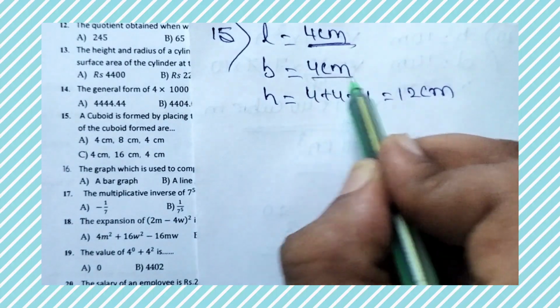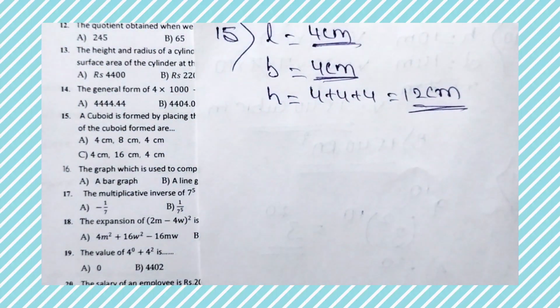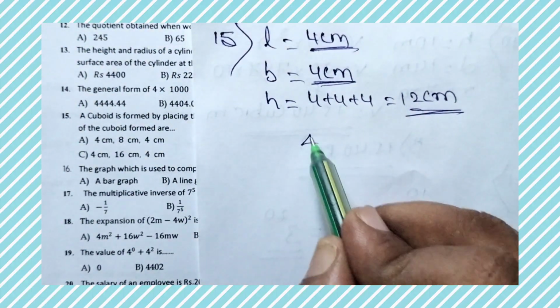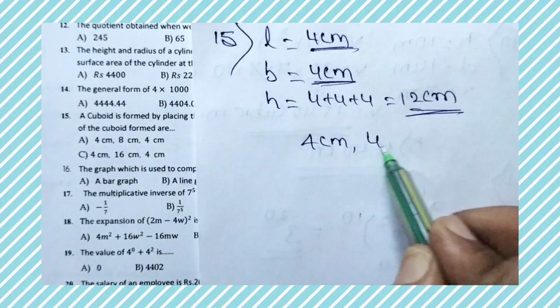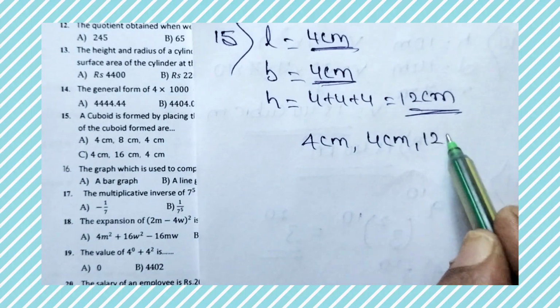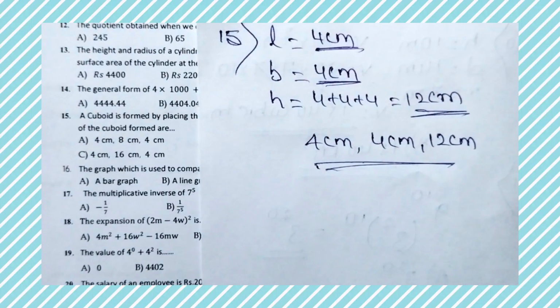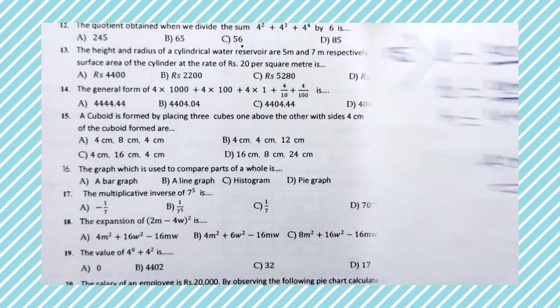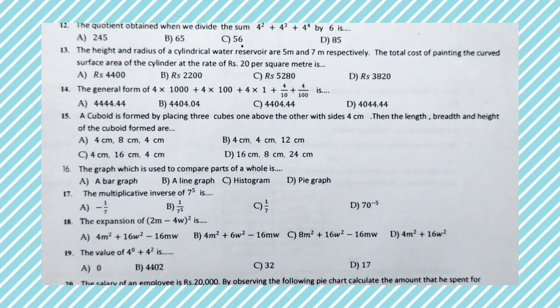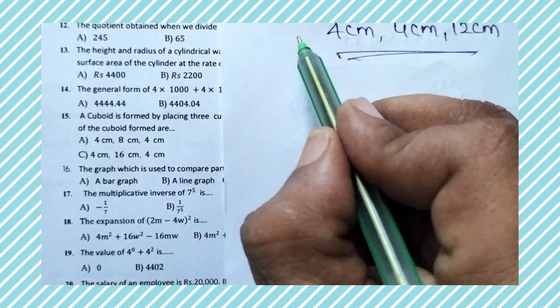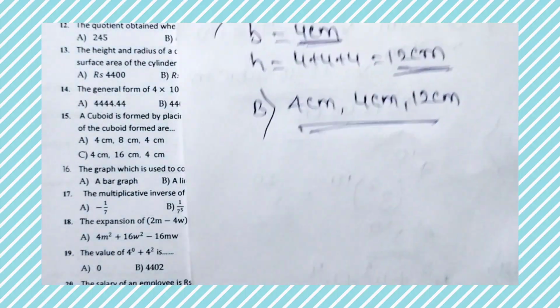Length 4, breadth 4, height will become 12 centimeter. So 4 centimeter, 4 centimeter, 12 centimeter. So option B is the right answer for the 15th question.